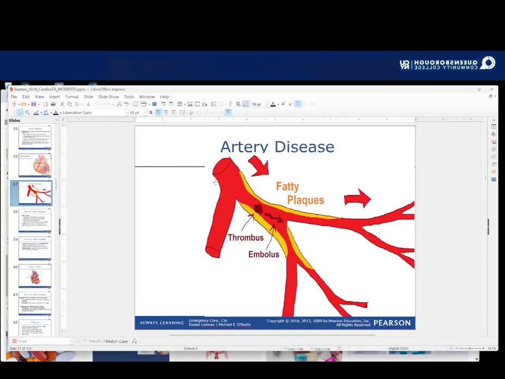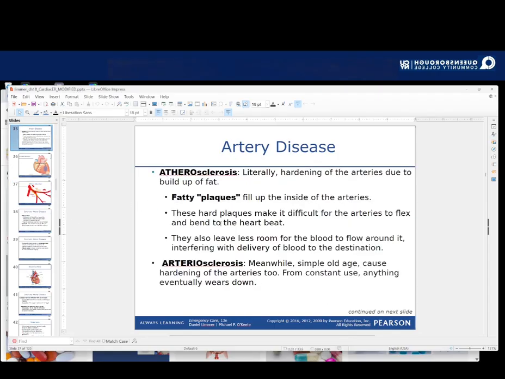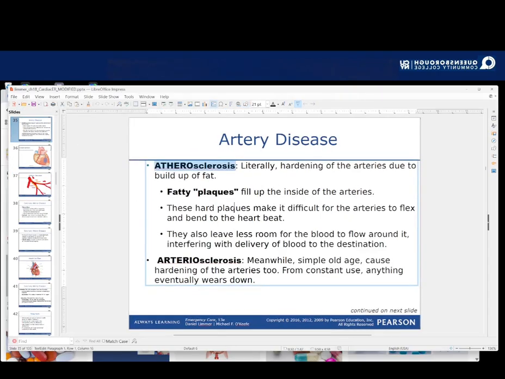On the outside, it looks like an ordinary artery, but if the pathologist on autopsy cuts this open and looks inside, they'll see it's full of these fatty deposits, reducing blood flow. We call that atherosclerosis. Athero means a fatty deposit, and sclerosis is a hardening.